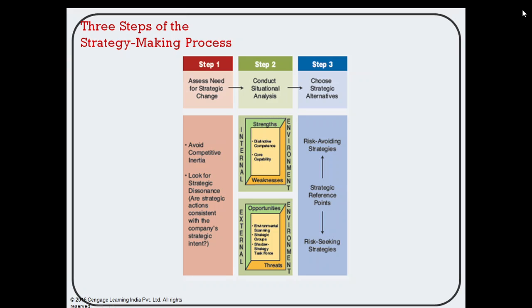And the third one: choose strategic alternatives. What are the alternatives that you have? It may be risky to put all your eggs in the same basket. What are the various alternatives that you have? So, for instance, what are the risk-avoiding strategies that you see in the existing strategy?